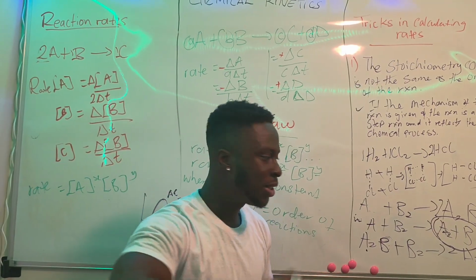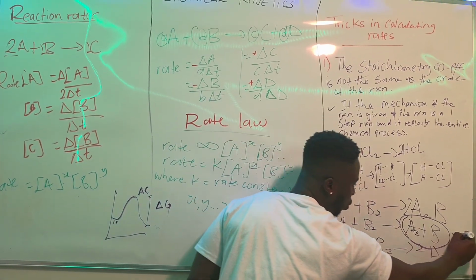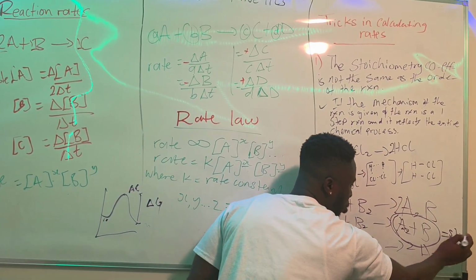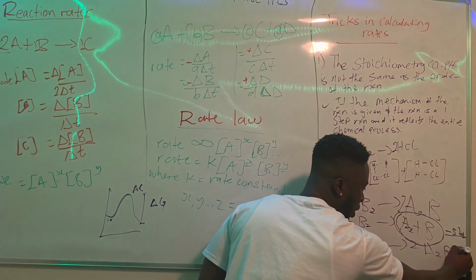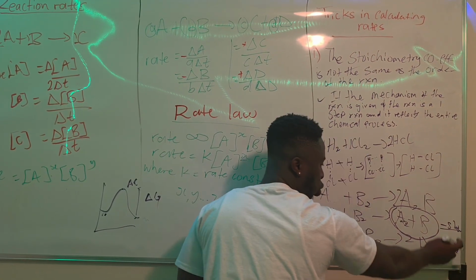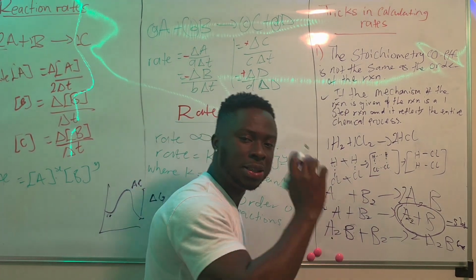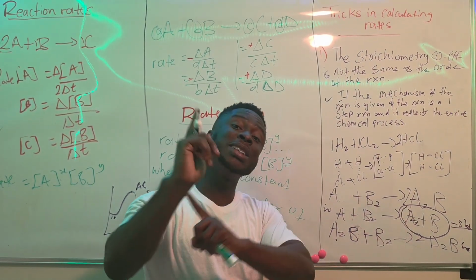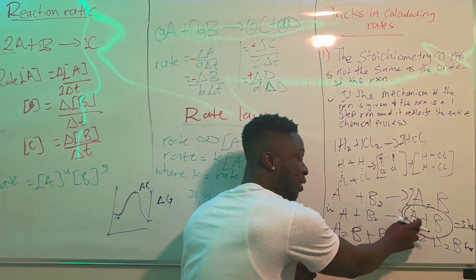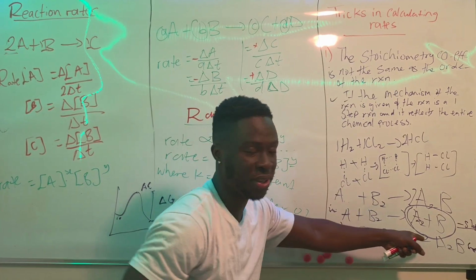If the rate determining step, so this would be the slow one and this would be a very fast reaction, you use the slow reaction to determine the rate determining step. If it doesn't form an intermediate, then you can balance out this equation and use the stoichiometric coefficient.